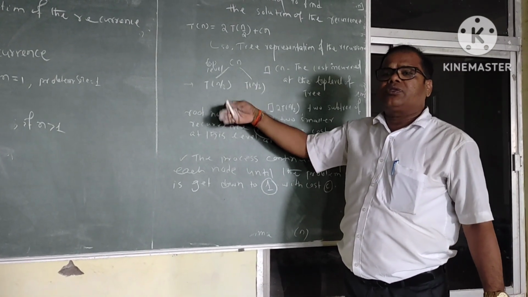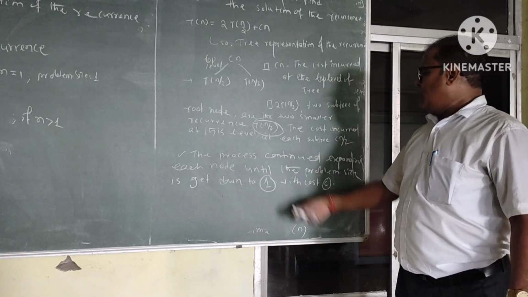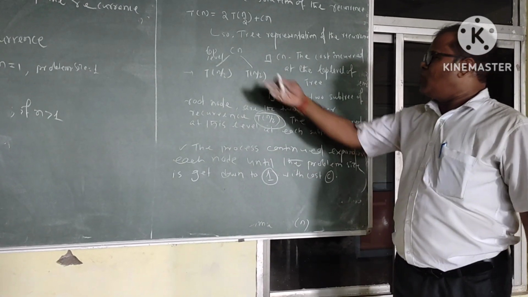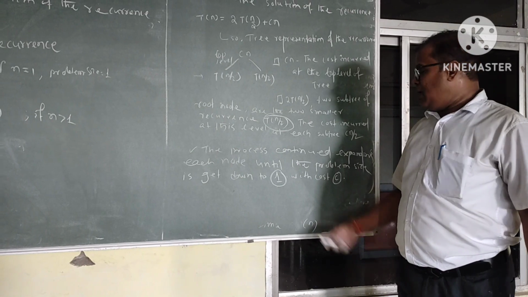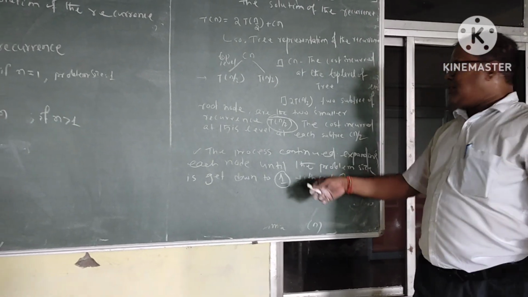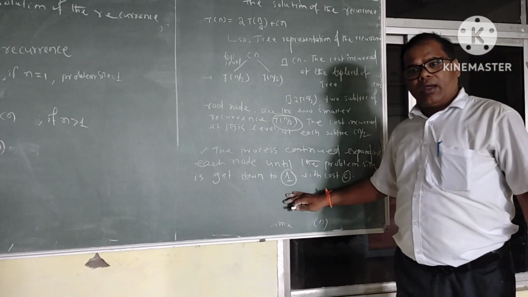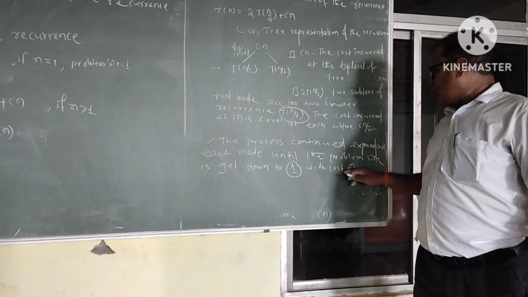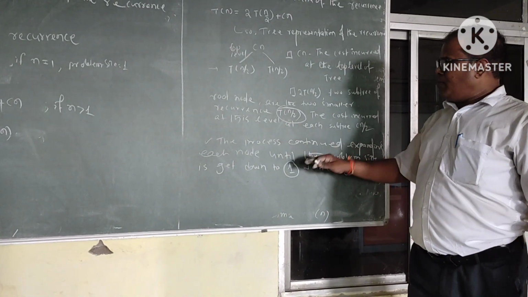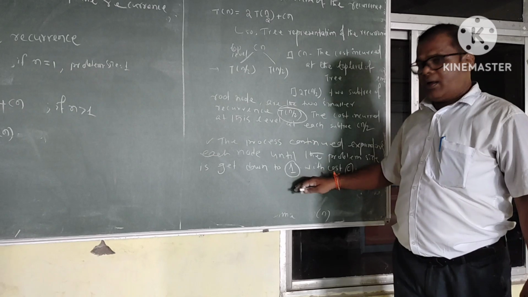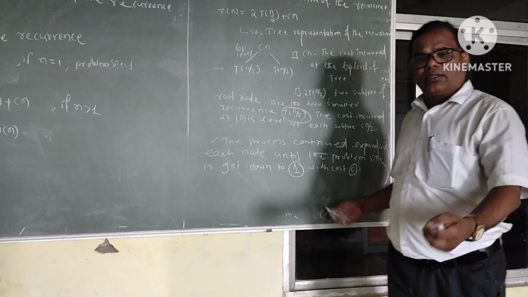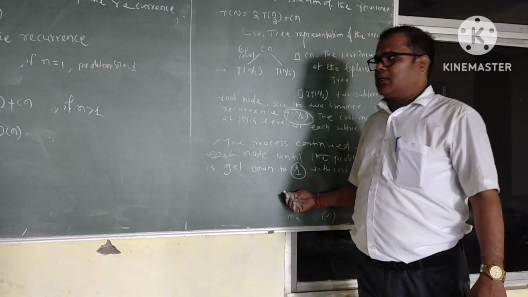You know that finding the solution is a recursive approach, yes or no? Yes. The process continues expanding each node until the problem size gets down to 1 with the cost of C. When the problem size gets down to 1, a constant time C will be taken to solve it.